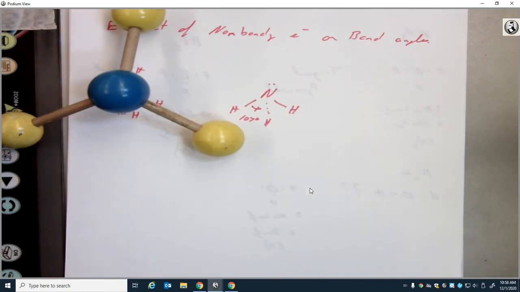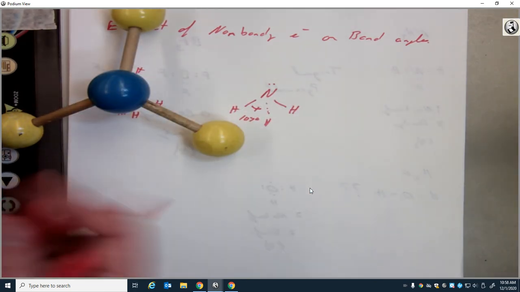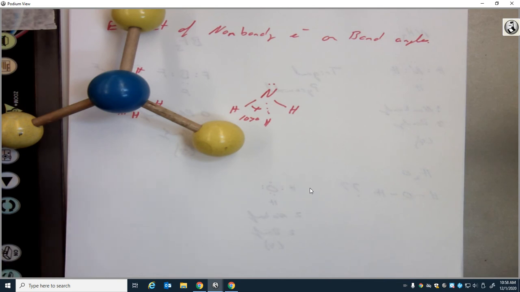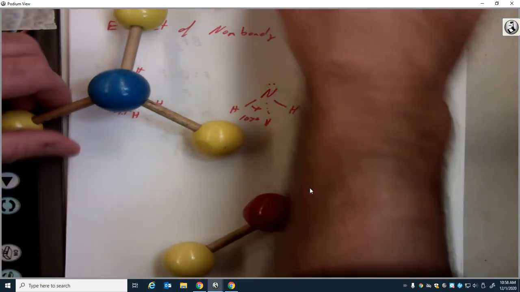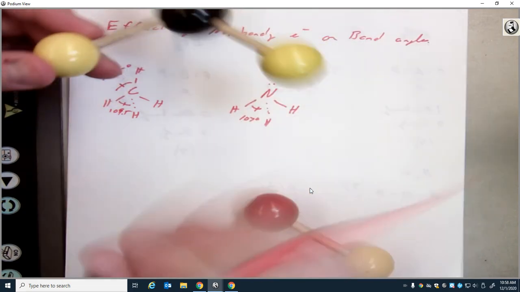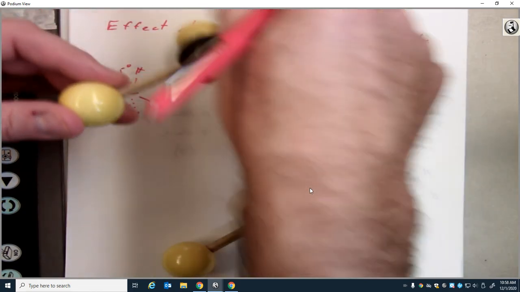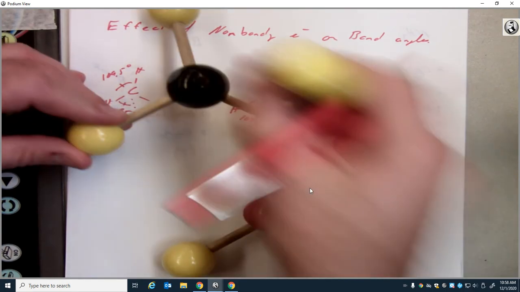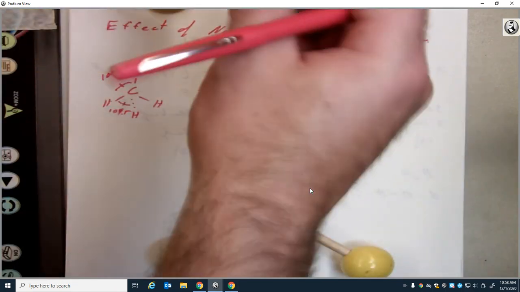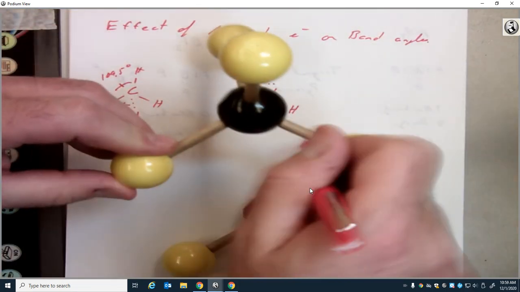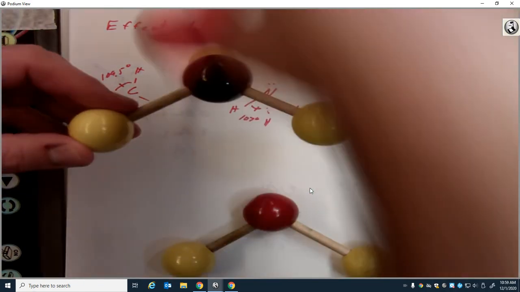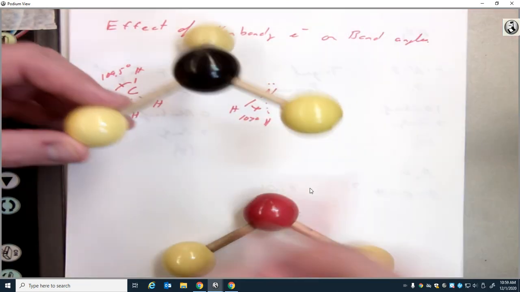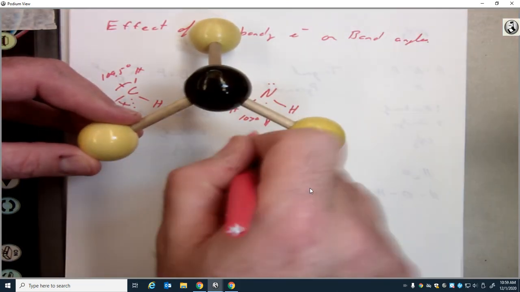If we compare that to water, let's go back to this. Right now we have 4 bonding domains, and this angle right here is 109.5. If we take one of the bondings off and put a non-bonding here, this angle decreases to 107.